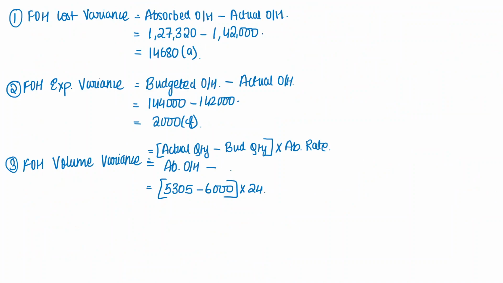Budgeted overheads. Clear? How much did we get? 16,680 adverse.